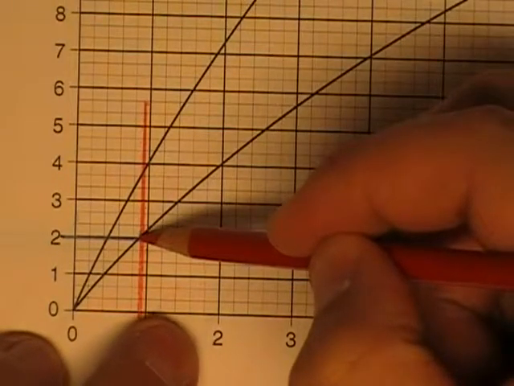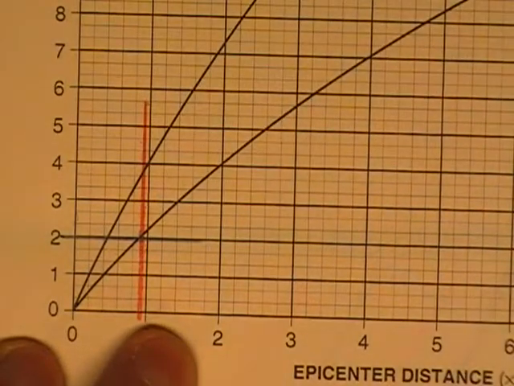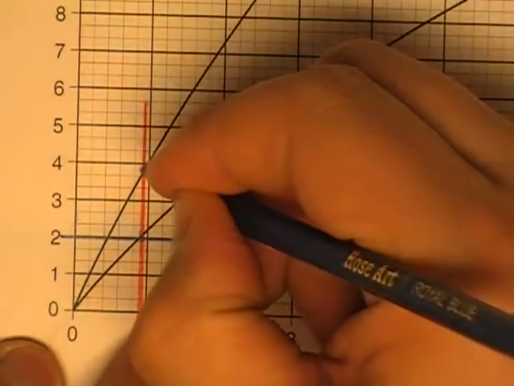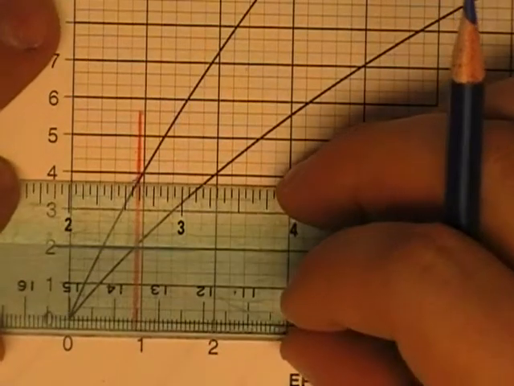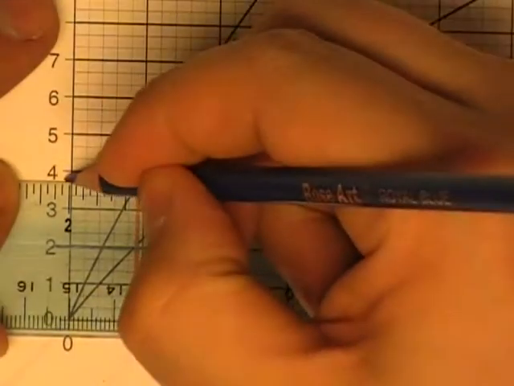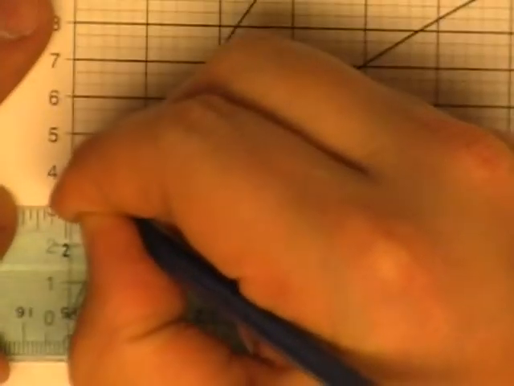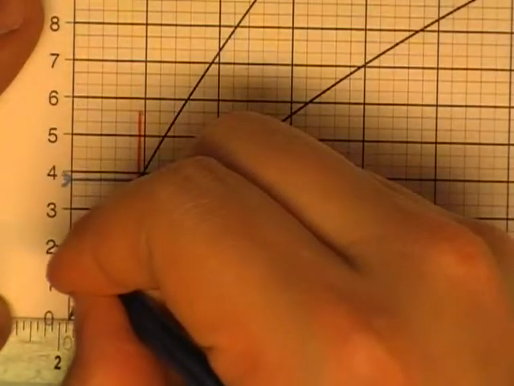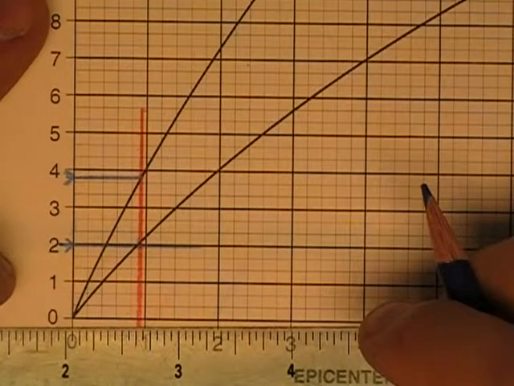That gives me a 2-minute P wave travel time. It crosses the S line about right in the middle of the square, right there. So when I draw an imaginary line across from that, I get a travel time for S wave of approximately 3 minutes and 50 seconds.